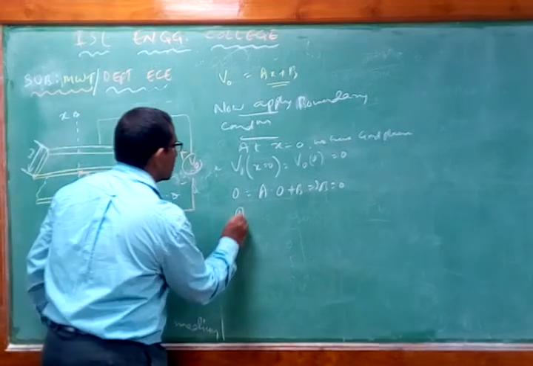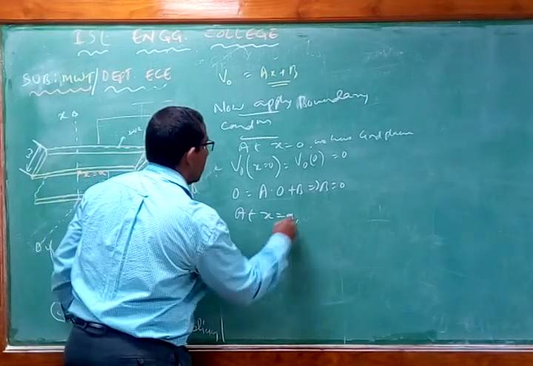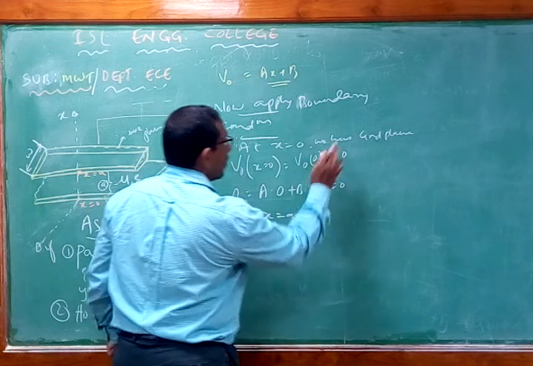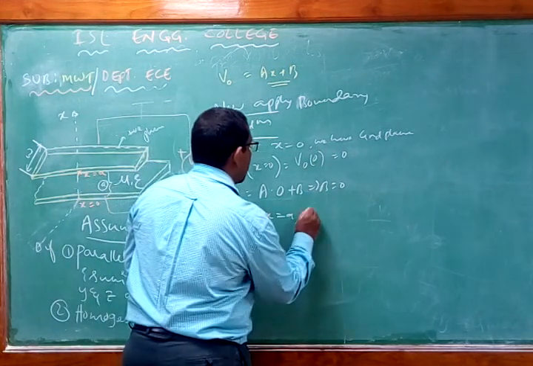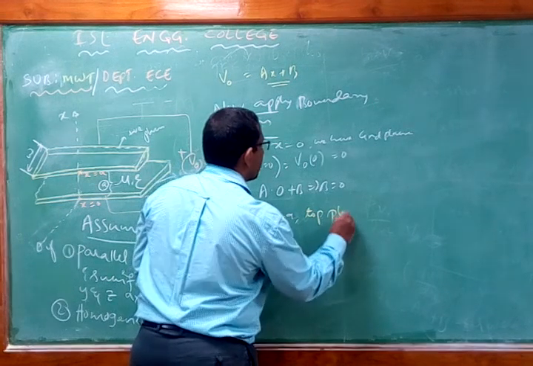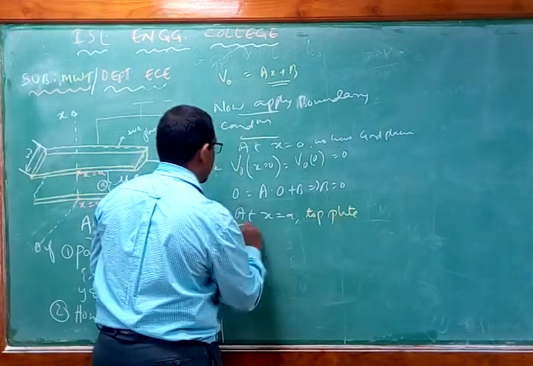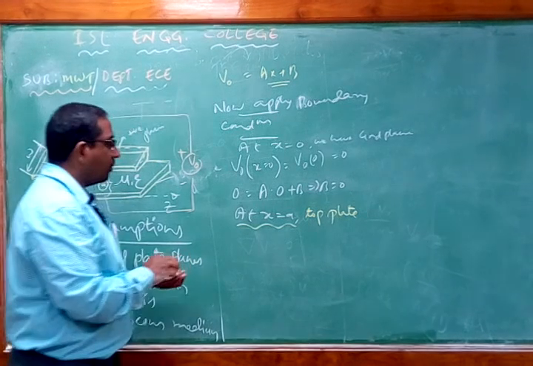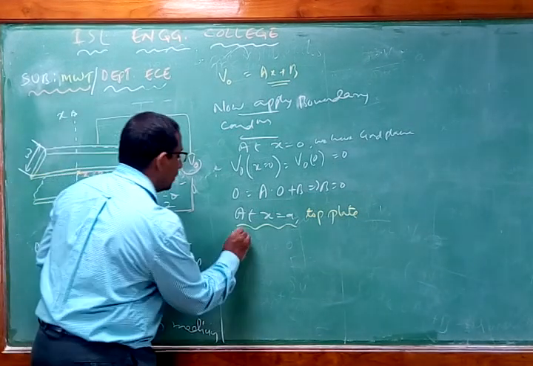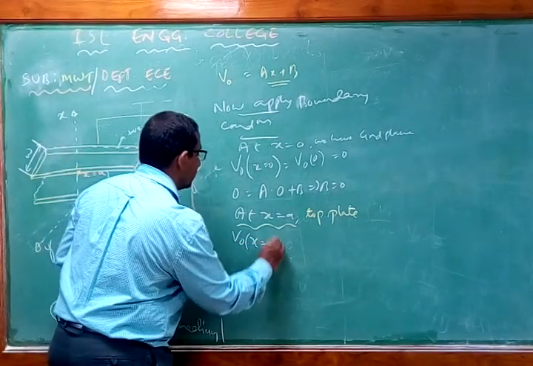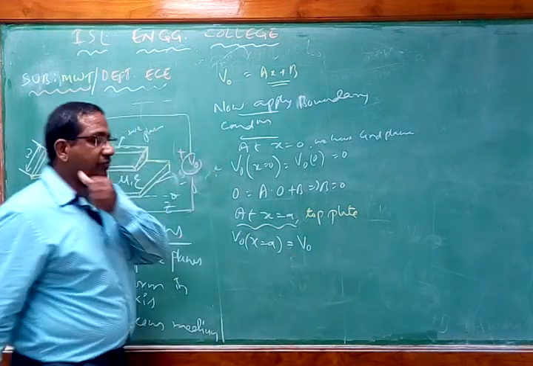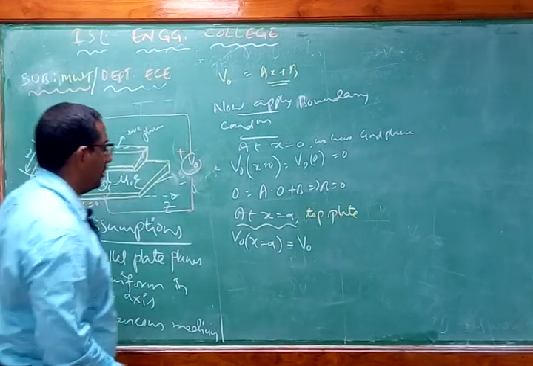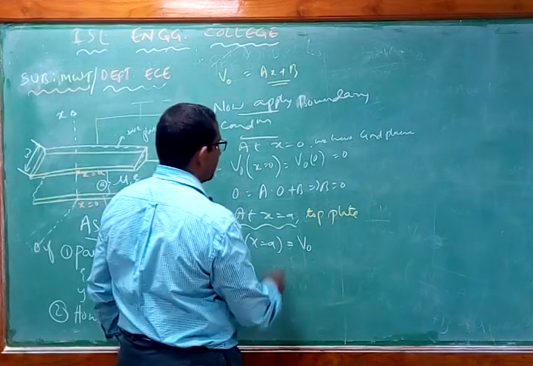Then another condition we apply is at x is equal to a, where we look into the top plate. When you look into the top plate, V naught at x is equal to a is equal to V naught for us, which is the actual potential.